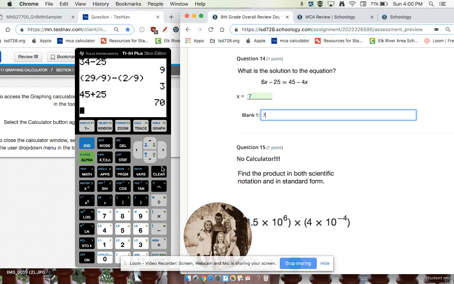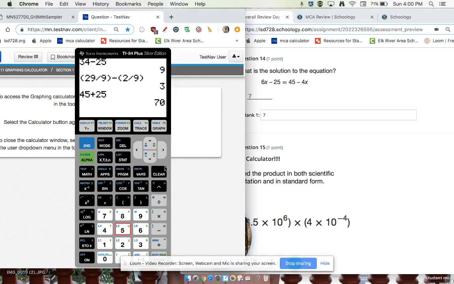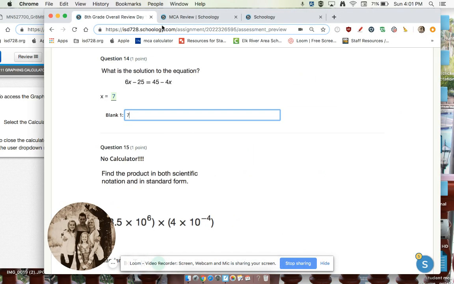So what I did when I created this key is I checked to make sure I found the right x. So I went 6 times 7, take away 25, hit enter, that's 17. And then I plugged my 7 into the second part of the equation. 45 take away 4 times 7, and that is also 17. So you did find the correct solution.